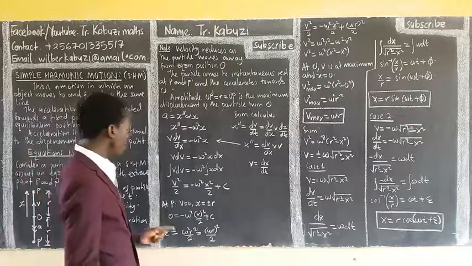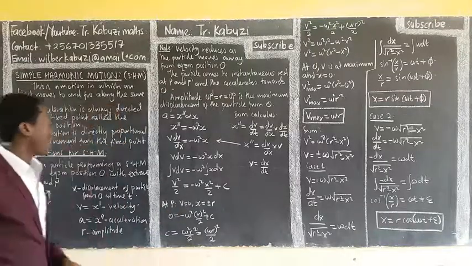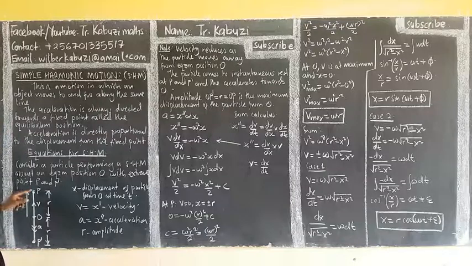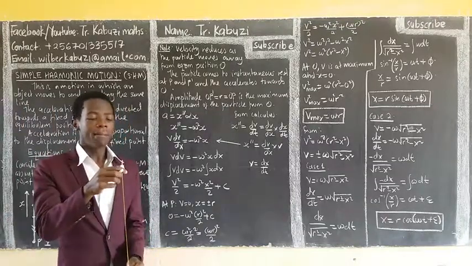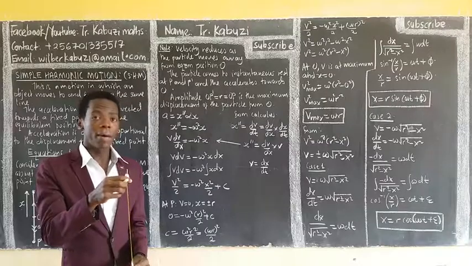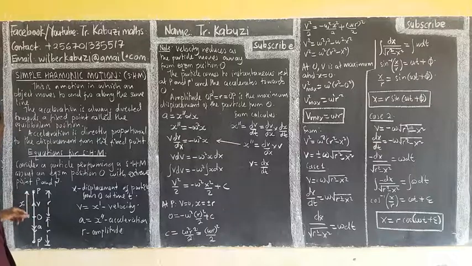Now, when v is 0, when do we say v is 0? We say that when the particle is at the extreme ends, at this side, before coming back, velocity is 0. But this velocity is 0 when it has covered a distance, either this or this. These are the distances it has covered here, either from here or from here.